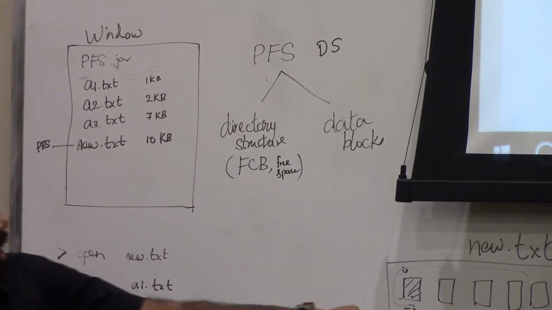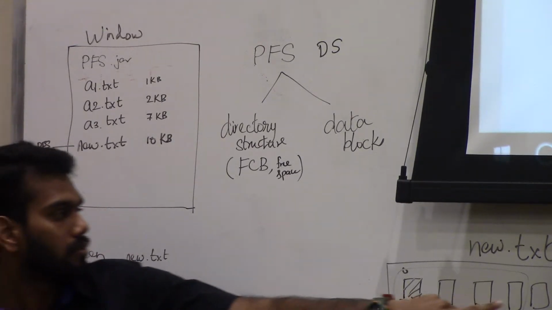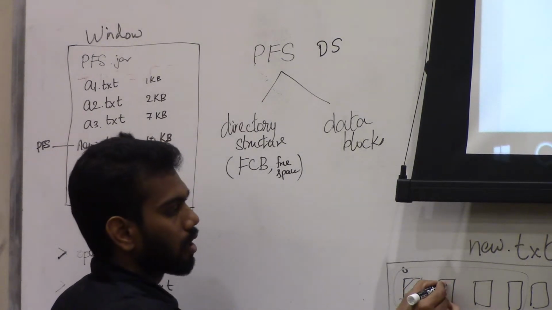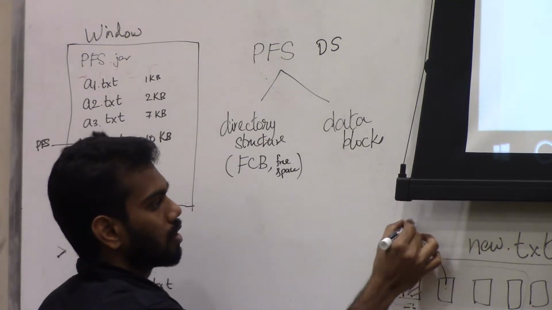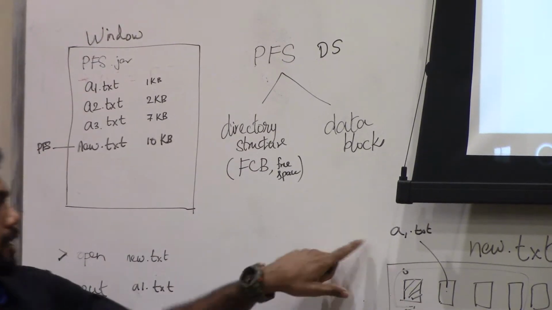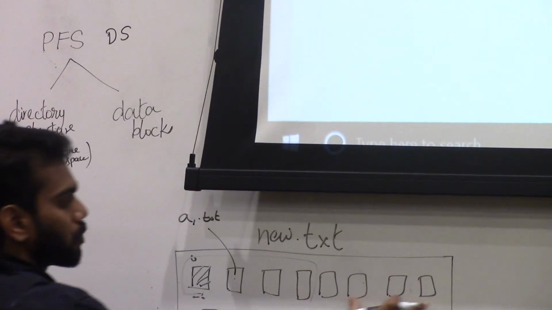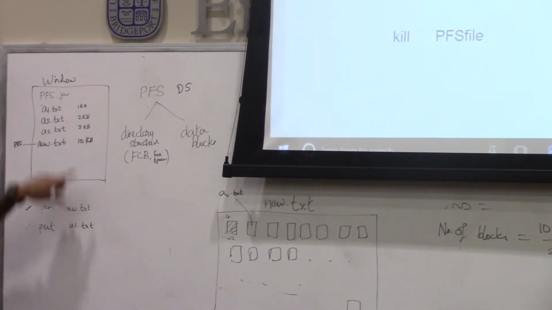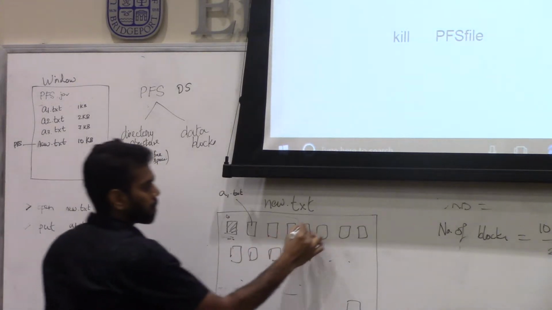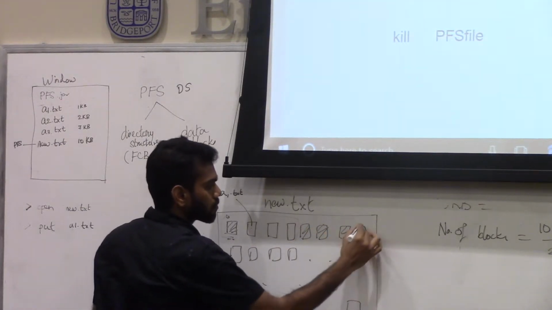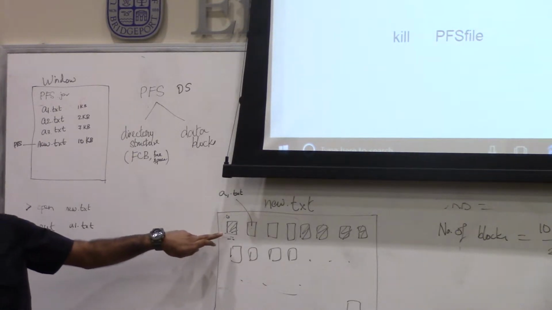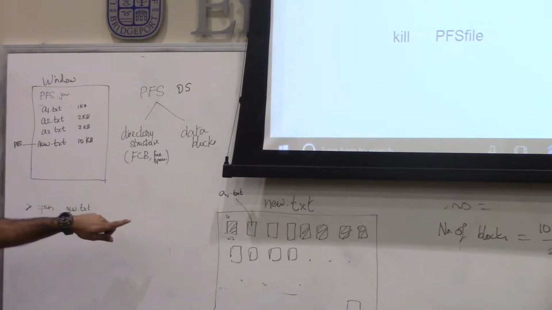Since you have defined this as file control block, I will just write the information of a1.txt in it, and the data of a1.txt will be written from here in the data blocks. Since it is 1 KB, we'll be using 4 blocks. So you should manage your free space block.